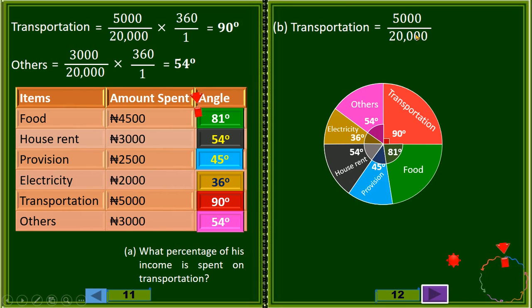Dividing 5,000 by 20,000 and then multiplying by 100 will give us the percentage as 25%. Like I said, we can equally get this 25% by using the angle for transportation, 90 degrees, divided by the angle at the center of the circle, 360.